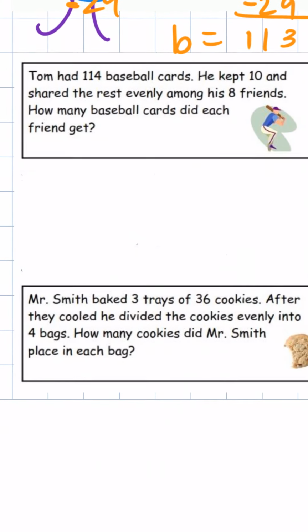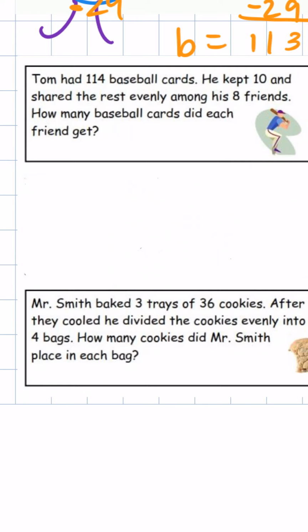Okay, Tom had 114 baseball cards. He kept 10 and shared the rest evenly among his 8 friends. How many baseball cards did each friend get? So we know he had 114, kept 10, and shared the rest evenly among his 8 friends.